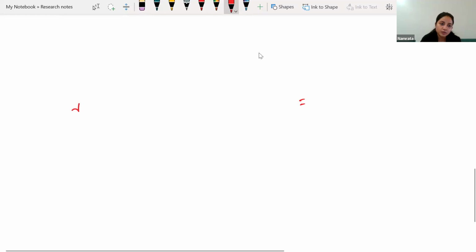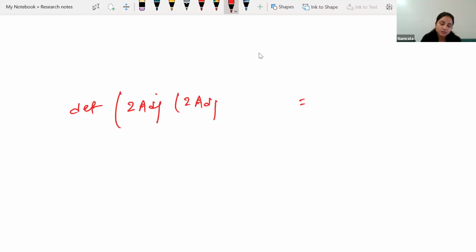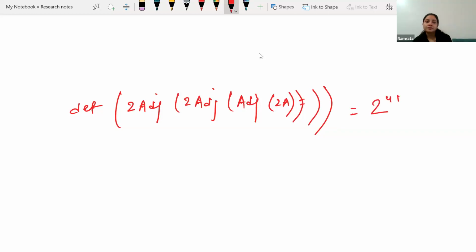So it's determinant of 2 adjoint, then again 2 times adjoint, then again adjoint of 2A, bracket close, one more bracket, one more and one more, that is equal to 2 to the power 41. And we have to find the value of determinant of A square.